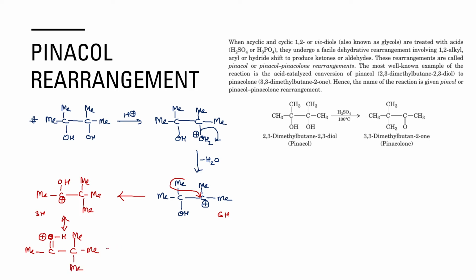Once this is created, अब इसने एक H plus lose करना है and Me-C double bond O-C-Me3 बना देगा.